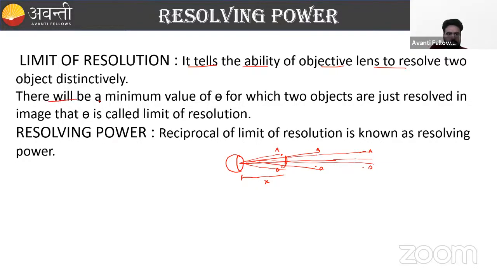So there will be a minimum angle theta for which two objects are just resolved in the image, which is known as the limit of resolution. If this is the angle theta when we can see the image distinctively, the resolving power is defined as the reciprocal of the limit of resolution. Correct, guys? So here we can define the resolution.